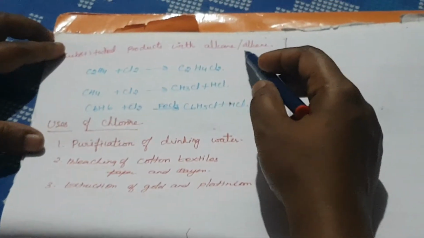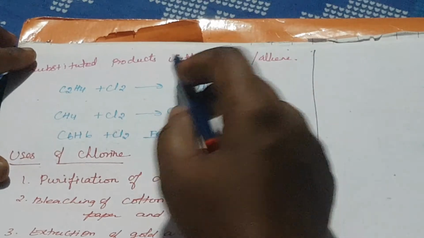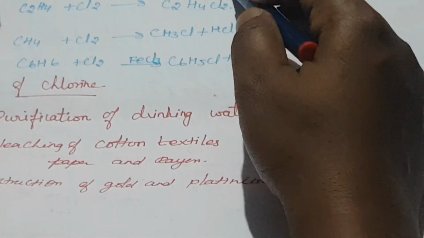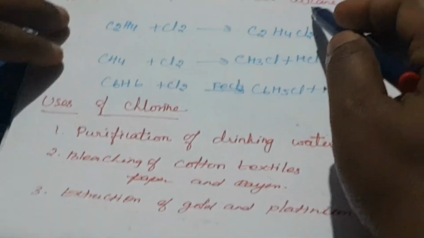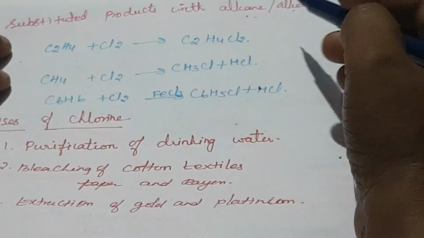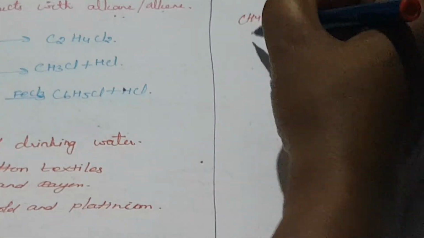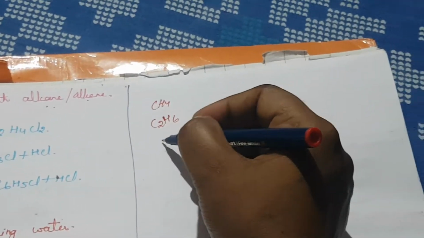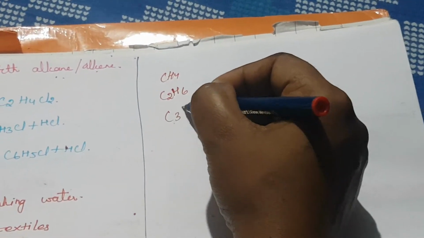Next one is substituted product with alkane or alkene. So here chlorine gives a substituted product with alkane or alkene. We already studied organic compounds, what is alkane. Alkanes: methane CH4, ethane C2H6, propane C3H8.